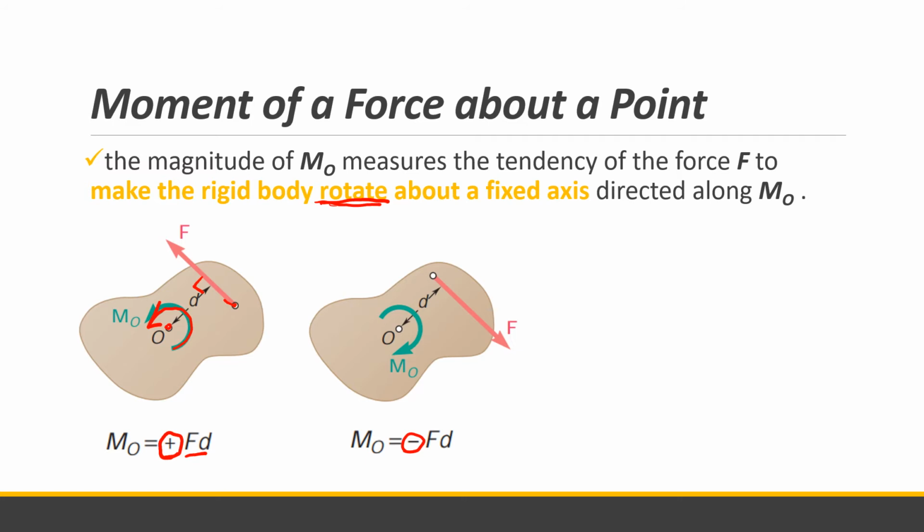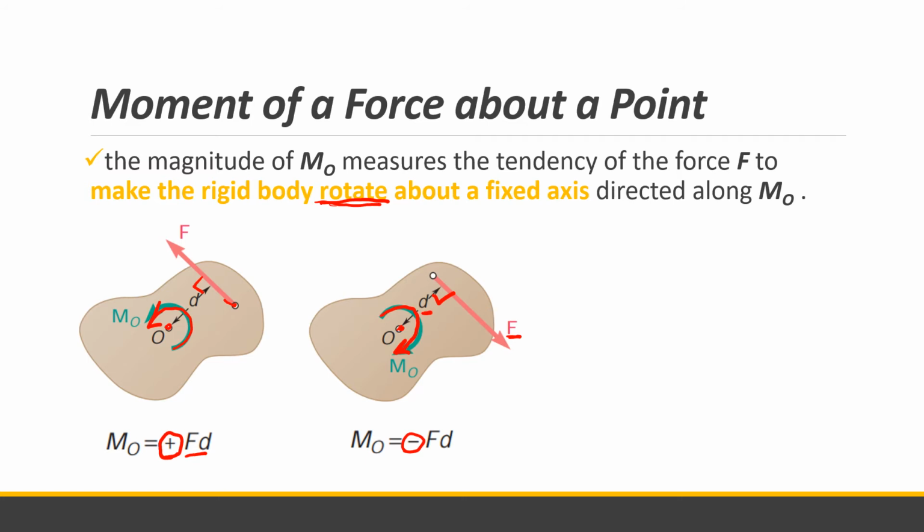So okay, so another body subjected by force at this direction with a perpendicular distance d from O. So the moment is clockwise, no? So this is a clockwise moment, meaning negative. So yung magnitude ng force multiplied by the distance d.